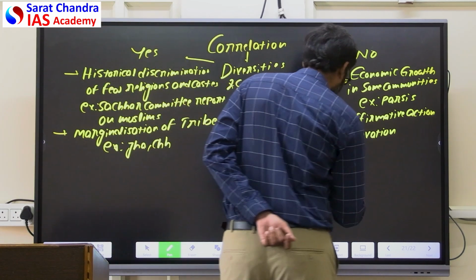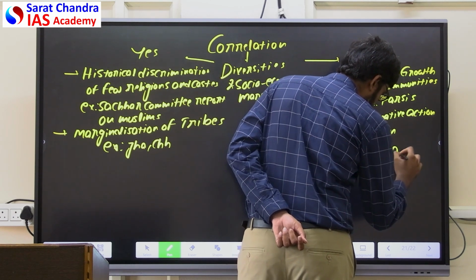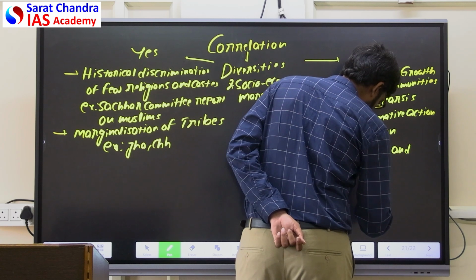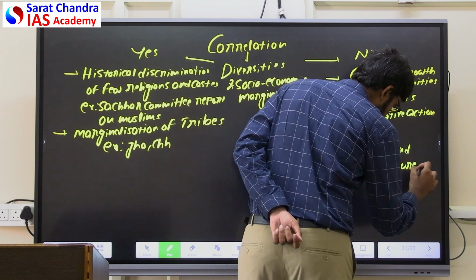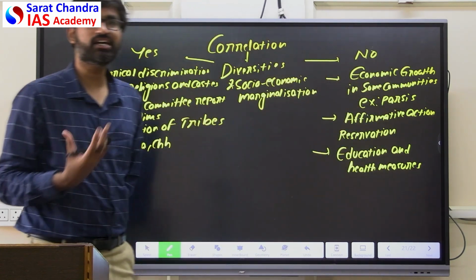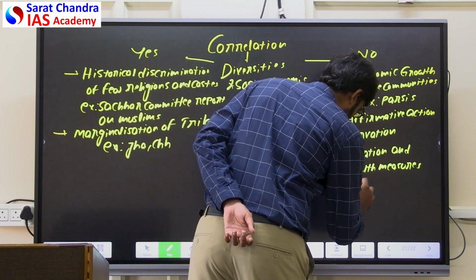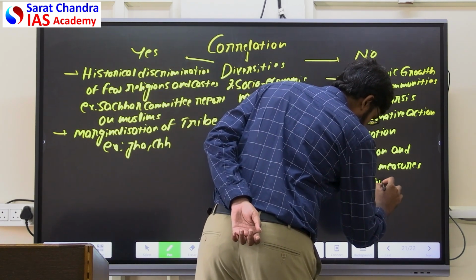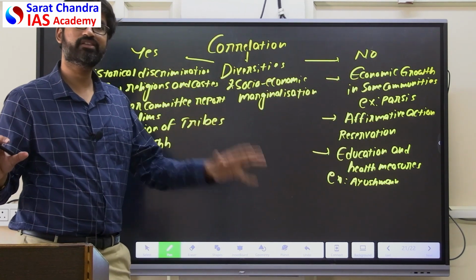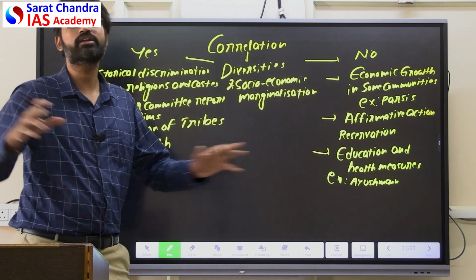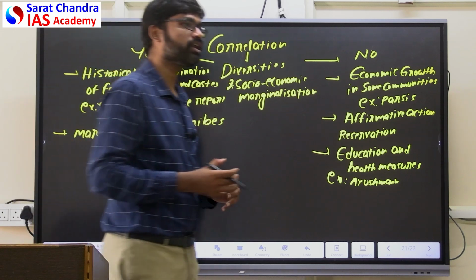Then we can also talk about the education and health measures which are taken without keeping diversity in mind. For example, the Ayushman Bharat scheme. There is no diversification: even if you are a Muslim or a Hindu, both are given the same treatment. There is no discrimination. That's how there is no correlation.